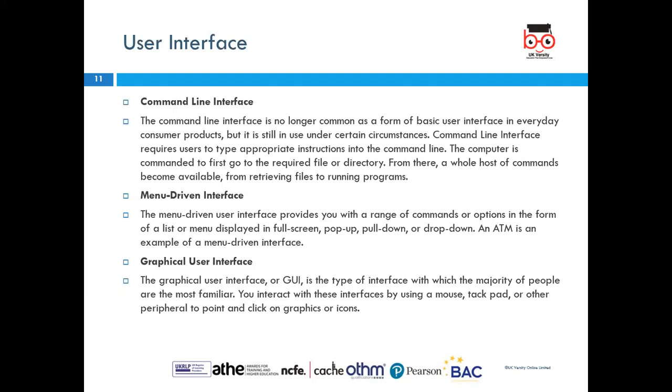So whatever we code, we can now create a user interface where people can use this as users, basically. Then we have menu-driven interface, which simply provides us with a range of commands and options, which will allow us to form a list or menu to display on the full screen.